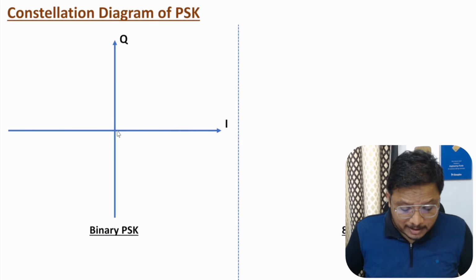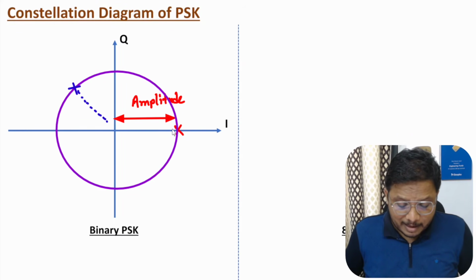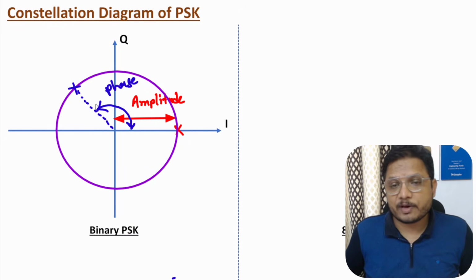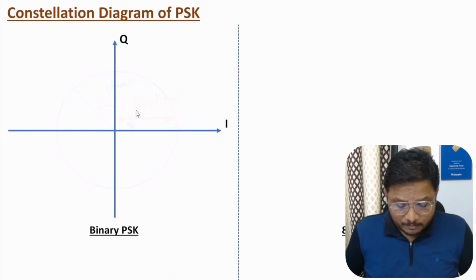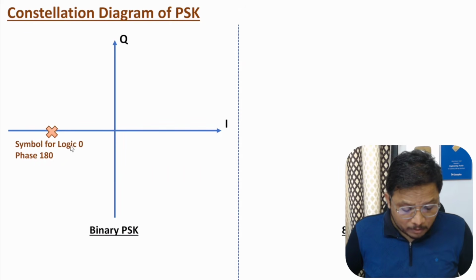In a constellation diagram, with respect to the center, distance is amplitude, and with respect to the horizontal axis, angle is phase. So here we will have two symbols with binary PSK. Here we have the symbol for logic 0, which has some magnitude and a phase of 180 degrees.